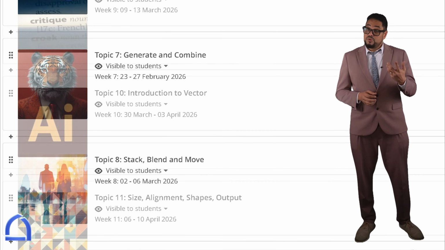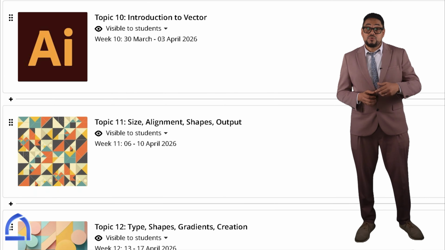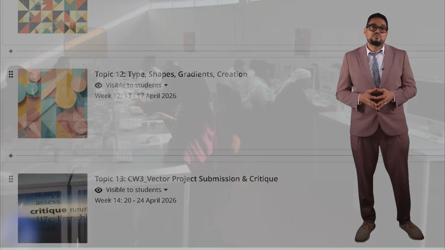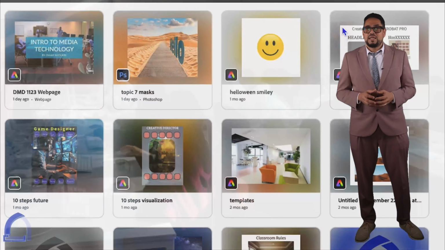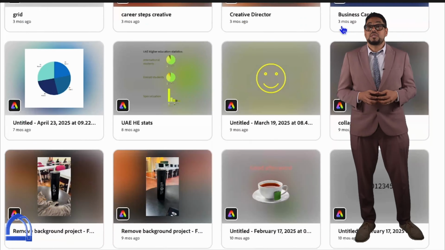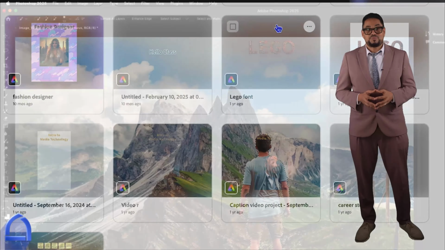Students use Adobe Photoshop, Adobe Illustrator, and Adobe Bridge to construct real projects and explore both creative expression and technical accuracy. Labs emphasize hand-skill building, while multimedia content supports independent learning.